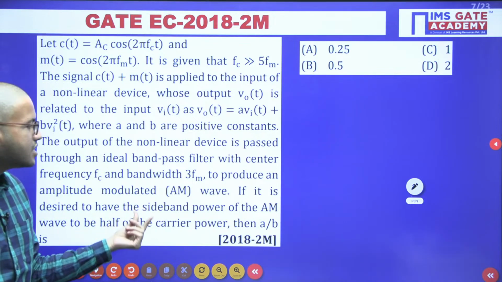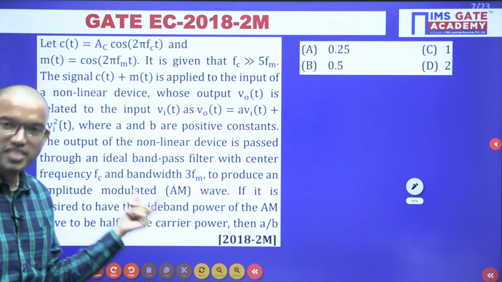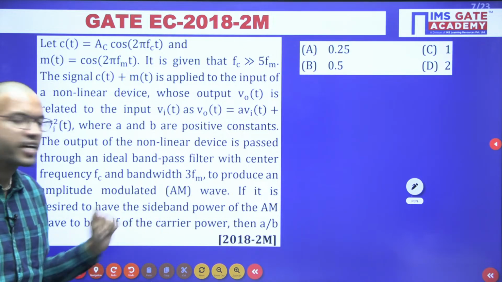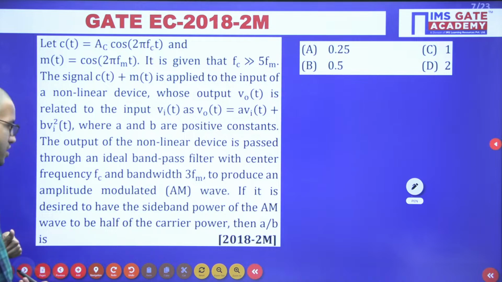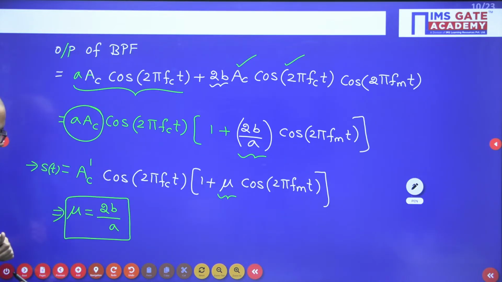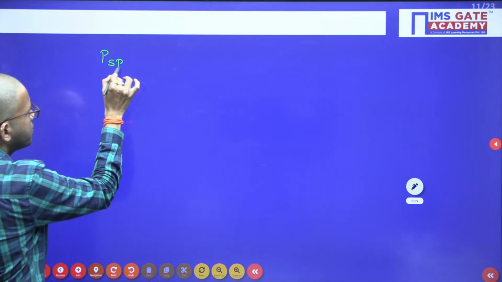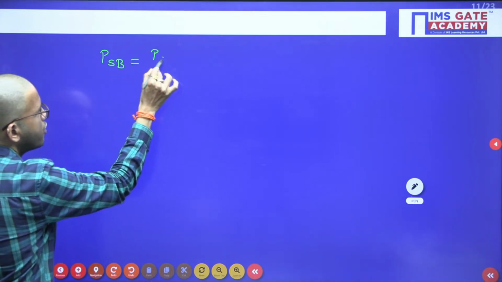Here they are asking the sideband power, that means the total sideband power of the AM wave to be half of the carrier power. So here they have mentioned the total sideband power is equal to half of the carrier power.